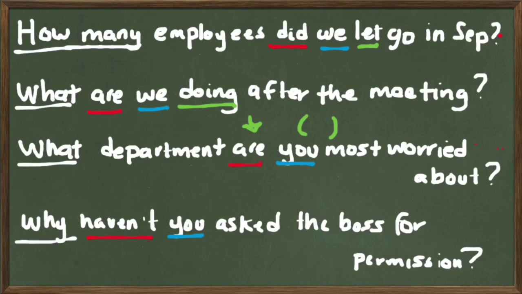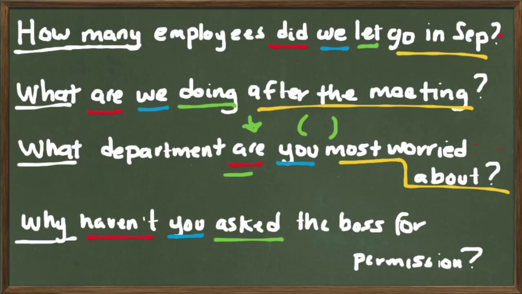In this case, the auxiliary are is both an auxiliary and a verb. The last one. Why haven't you asked the boss for permission? Asked. There's our verb. Do we have a complement? Go in September, after the meeting, most worried about, and the boss for permission.